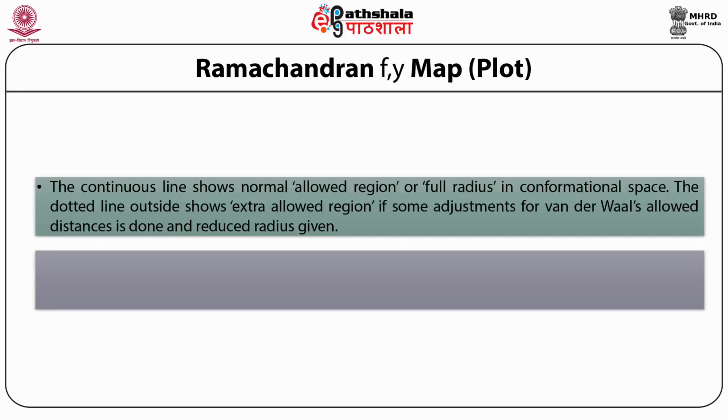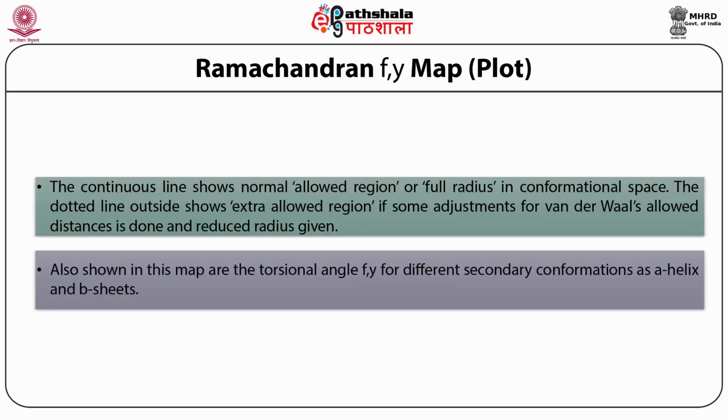The continuous line in that figure shows the normal allowed region or full radius in conformational space. The dotted line outside shows the extra allowed region if some adjustment for van der Waals allowed distances is done and a reduced radius is used.